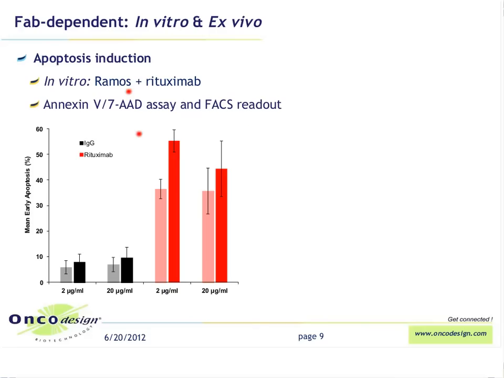It's an example here for the same Ramos cell lines treated with rituximab and two different concentrations, where we observe that we have a significant increase of this early apoptosis. And we also use secondary cross-linking antibody to stabilize the binding of the therapeutic antibody in order to increase the apoptosis induction.